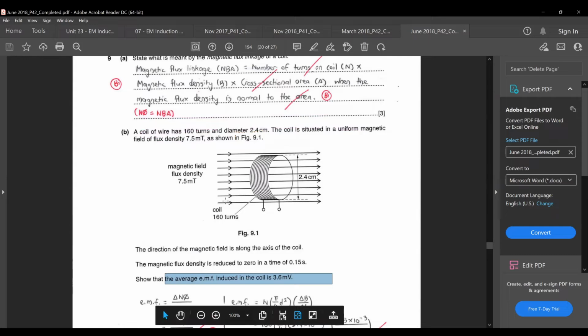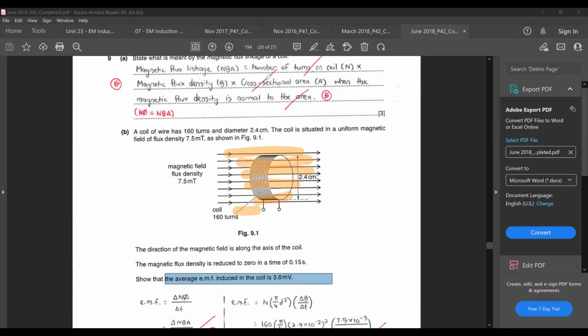All right. Here, they're already showing you your magnetic field, which are these lines here. And then they show you that you also have a coil, which is this one here. Your magnetic flux is passing through your coil, so you have flux linkage here. Then they mention that the magnetic flux density is now reduced to 0 in a time of 0.15 seconds.